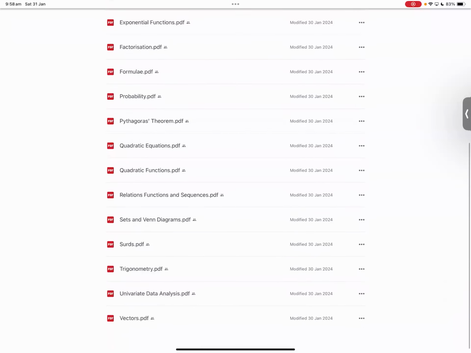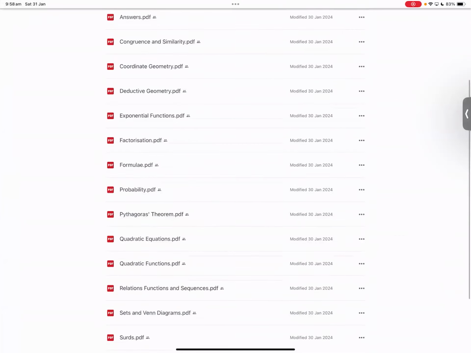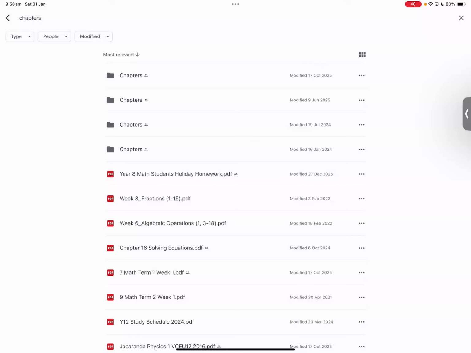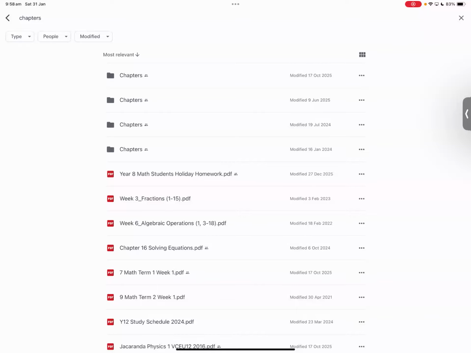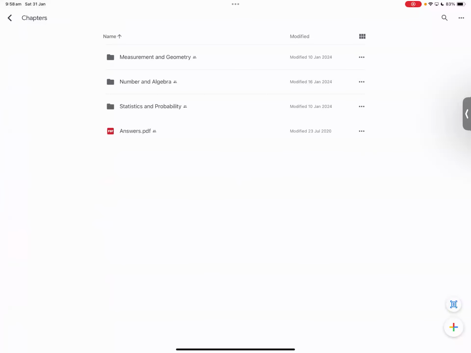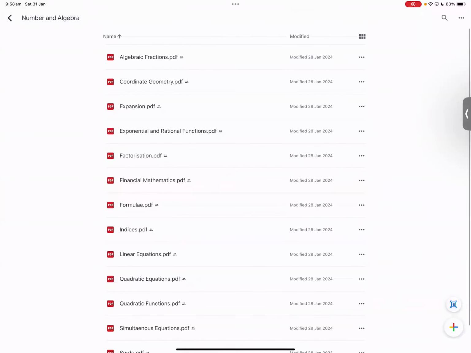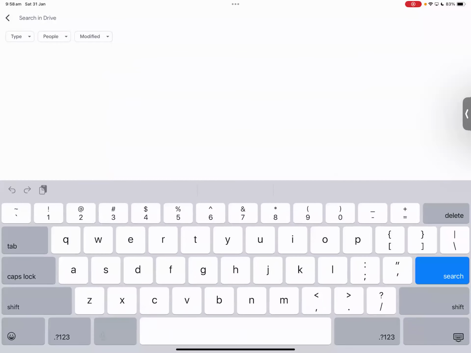Solving equations. Hold on. All right, I just want to do that first one. I don't know why it's not there, so I'll find it.